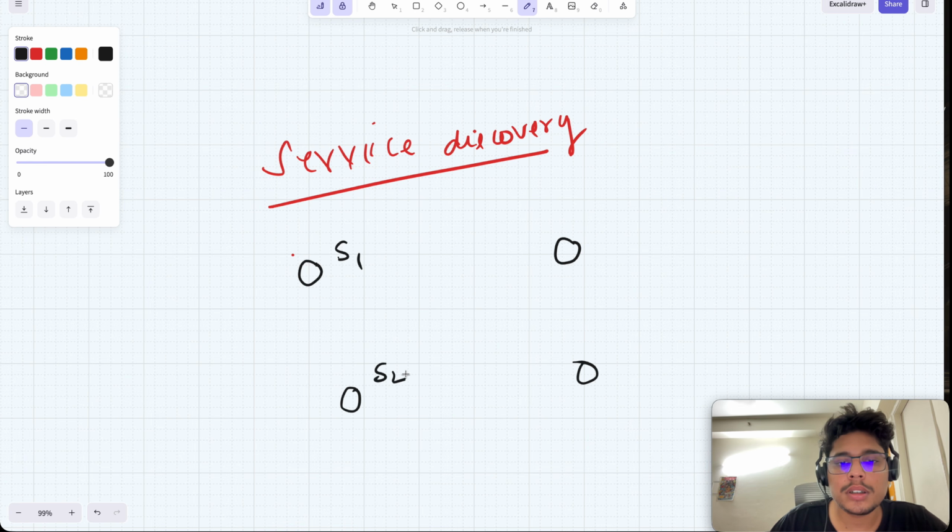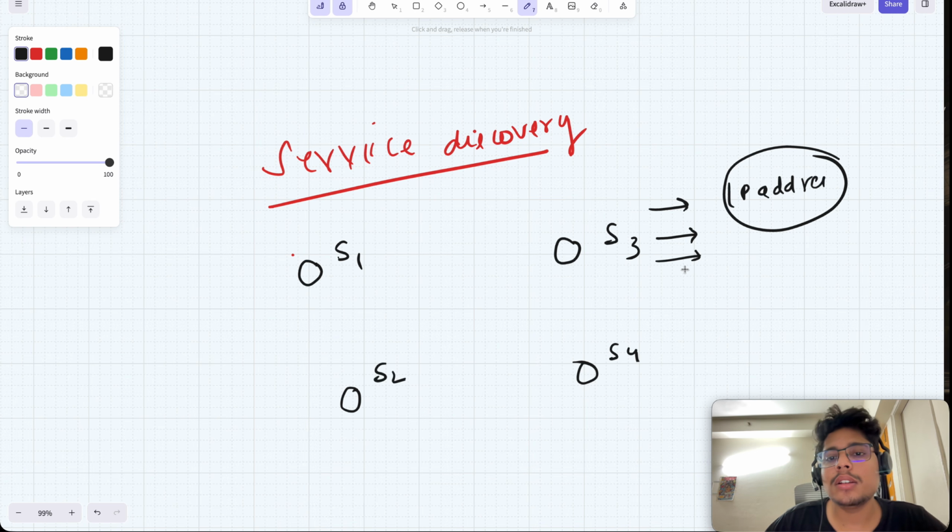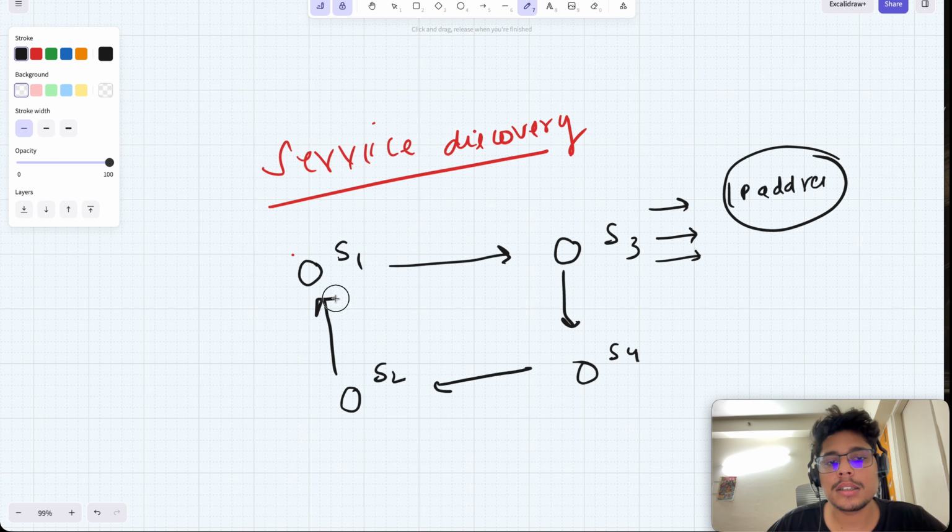You know this thing: when we change the internet, the network, or the devices, the IP address changes. And all the network communication is going on through IP addresses, MAC addresses, and all that.